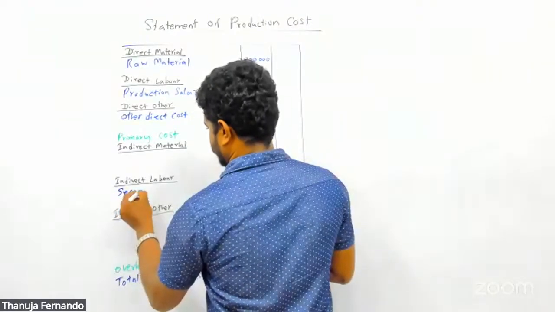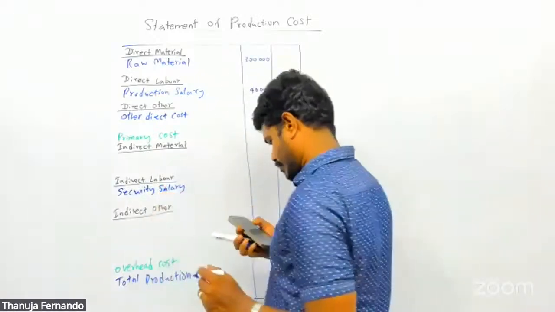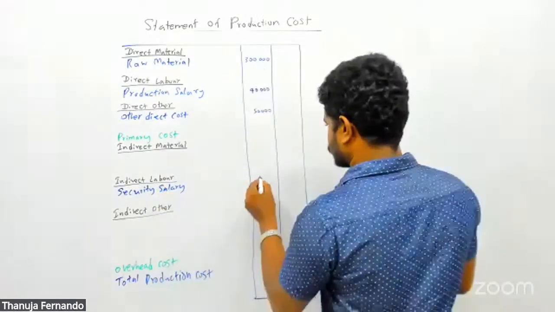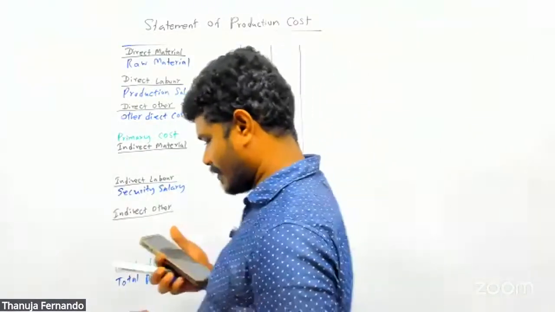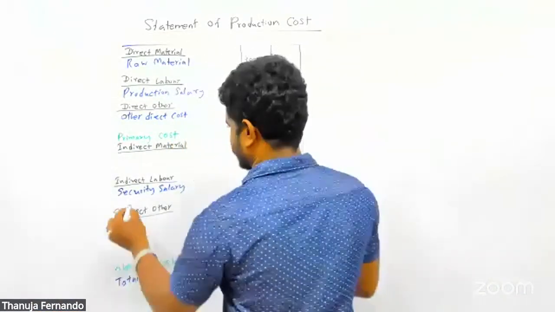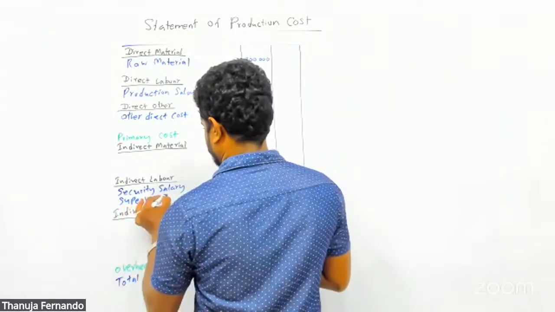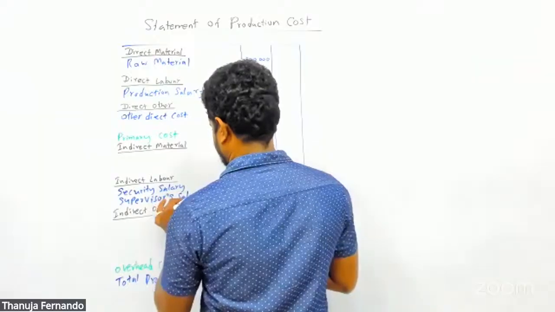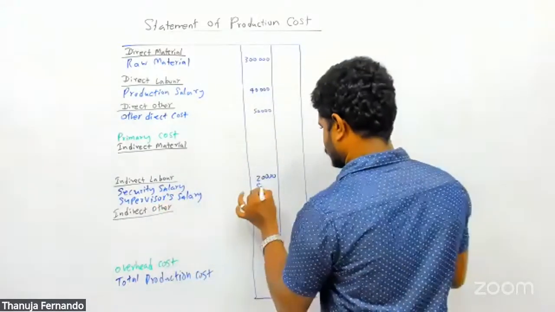Security salary 20,000. Supervisor salary, that one also indirect. Supervisor's salary 50,000.